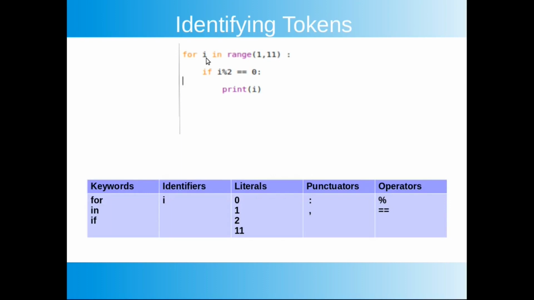Then we have i, which is an identifier name, and then we have 0, 1, 2, 11, which are literals, then colon and comma, which are punctuators, and lastly we have modulus and double equal to, which are operators.